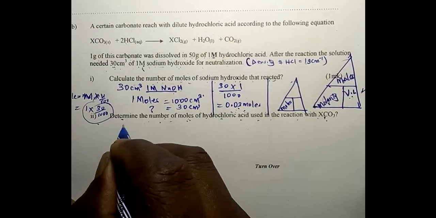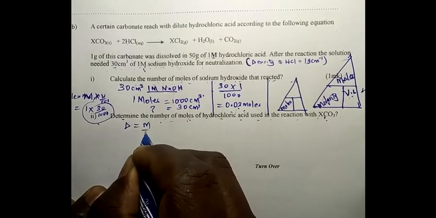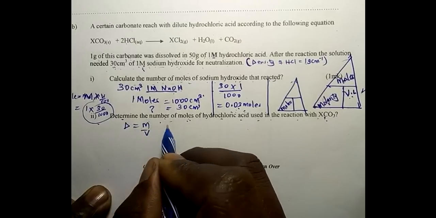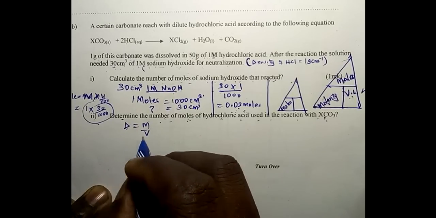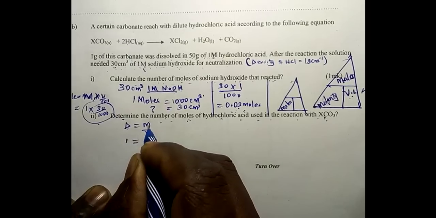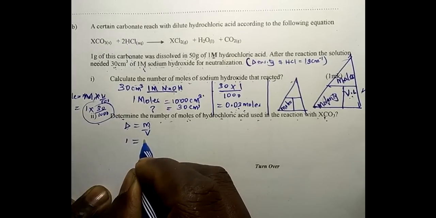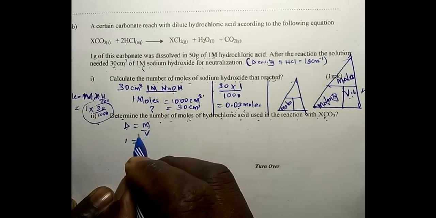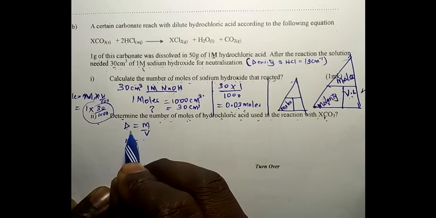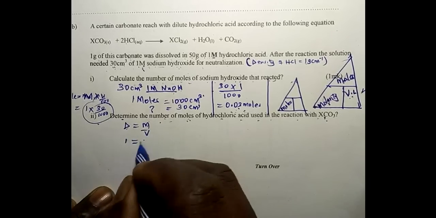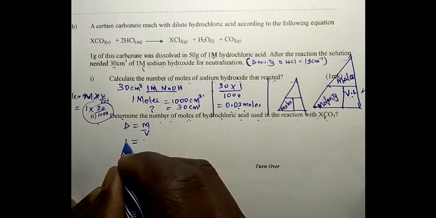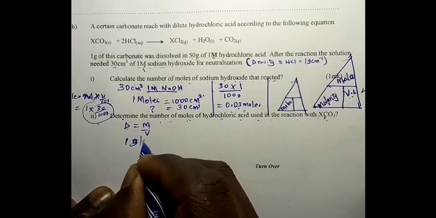We know that the density is equal to mass over volume. So we want the volume, the density we have been given, that is 1. We have been given the density of the acid as 1 gram per centimeter cube.